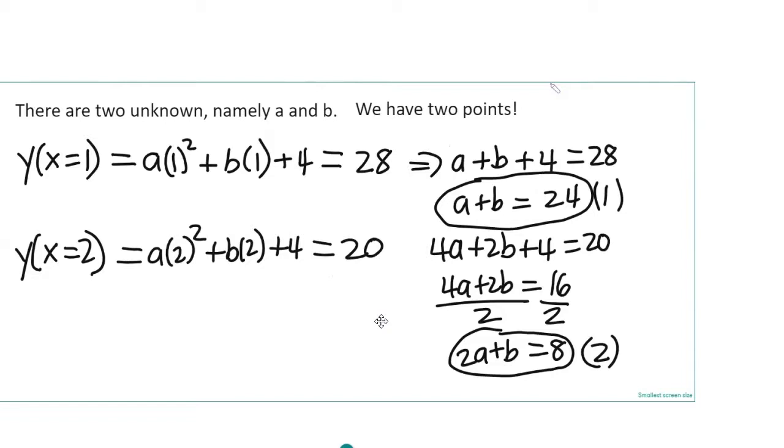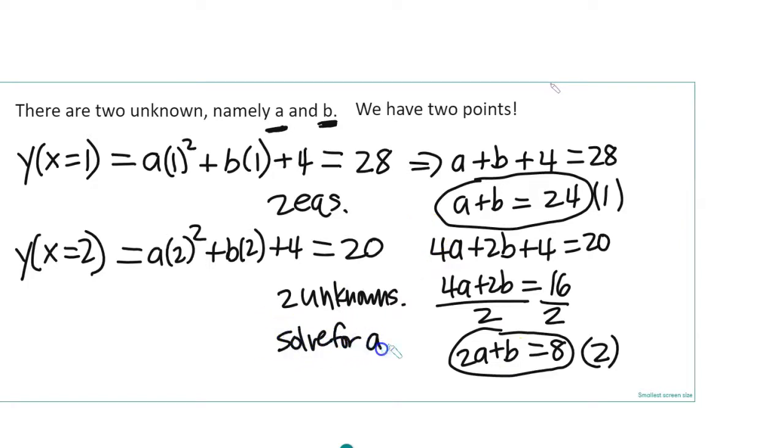But then we didn't have two variables. This is probably the hardest part. We didn't have a and b, but if we plug in 1 and we plug in 2, we get 2 equations and 2 unknowns, namely for a and b. So what we decided to do was solve for a and b via elimination.